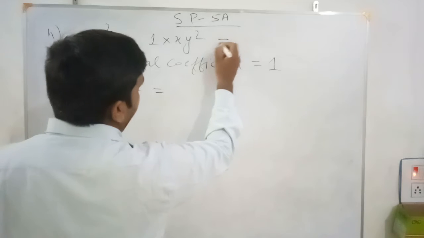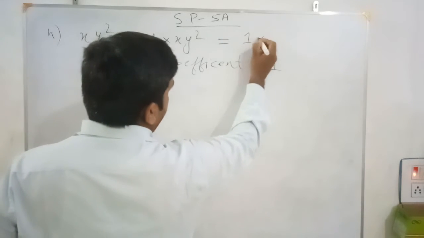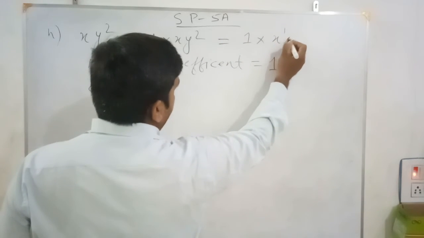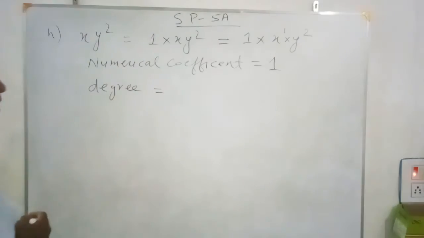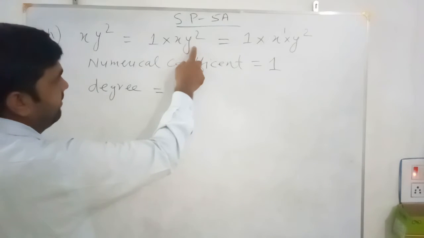It can be written as 1 multiplied by x to the power 1 into y to the power 2. So add these two powers because x and y square are multiplied with each other.